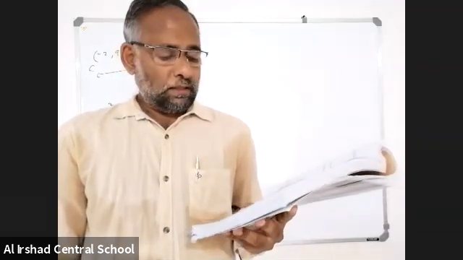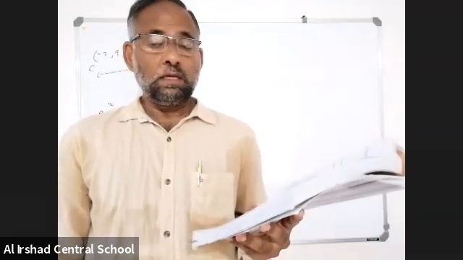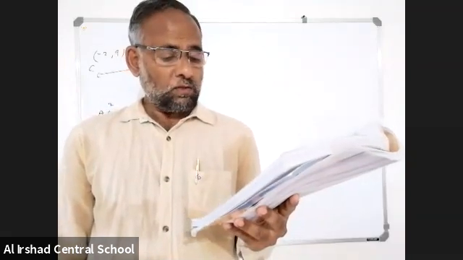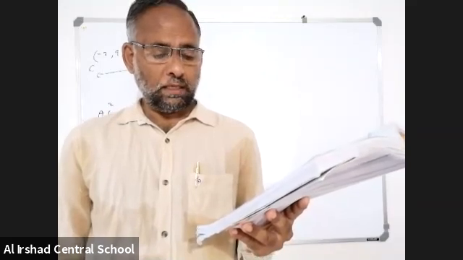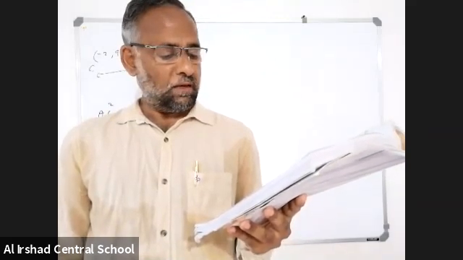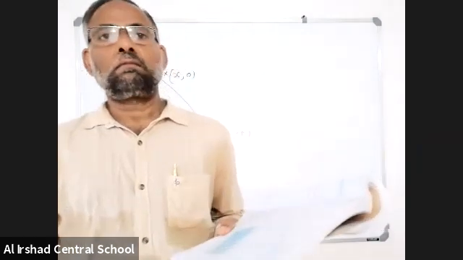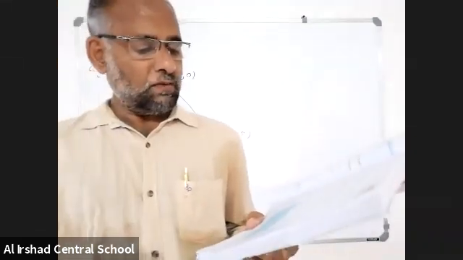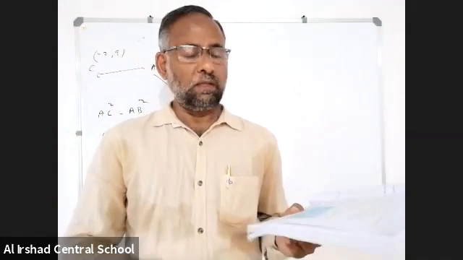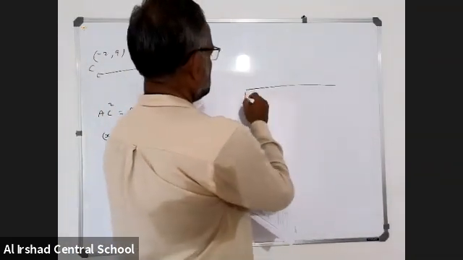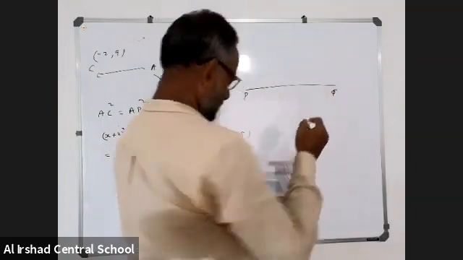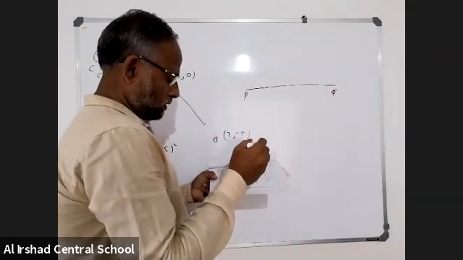Now all of you listen here. 8th question. Find the values of y for the distance between the points 2, minus 3 and 10, y. PQ is given. I am explaining the 8th question.